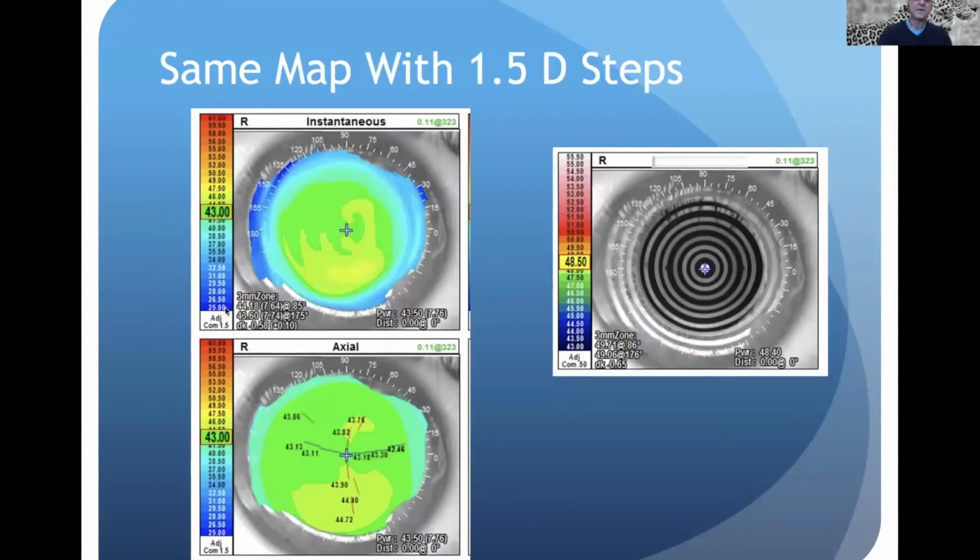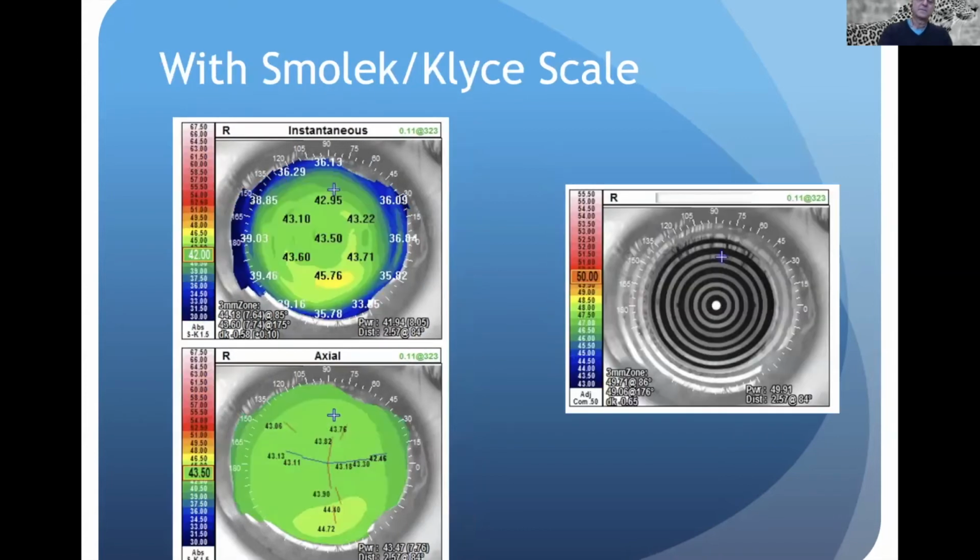But as we change the scale, this is once again adjustable, but we change it to 1.5 diopter, all of a sudden the inferior steepening isn't quite as obvious. If you compare the superior and corresponding inferior point on the cornea, you're only looking at about 3/4 of a diopter of change. So that goes back to my saying that you can turn any cornea into a keratoconic one if you adjust the scales fine enough.